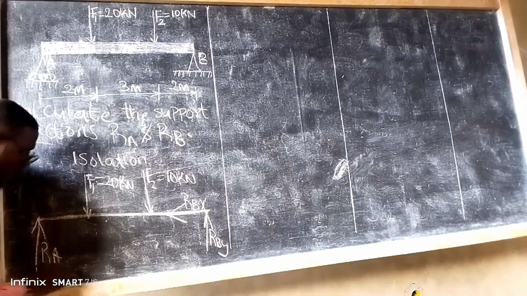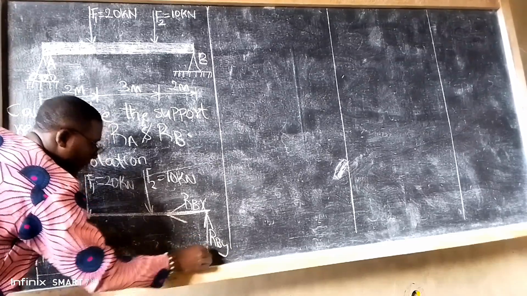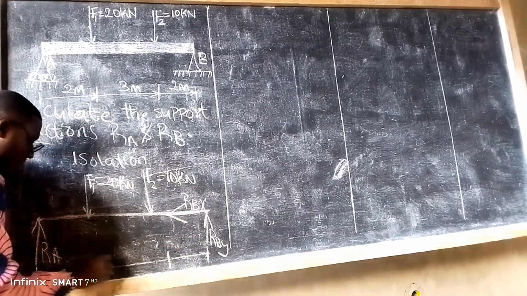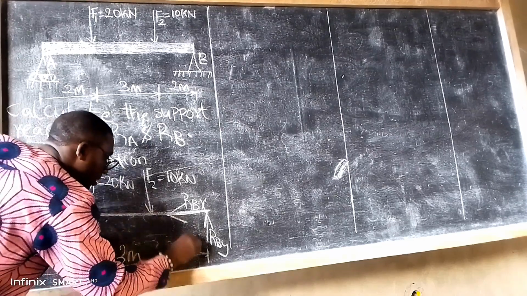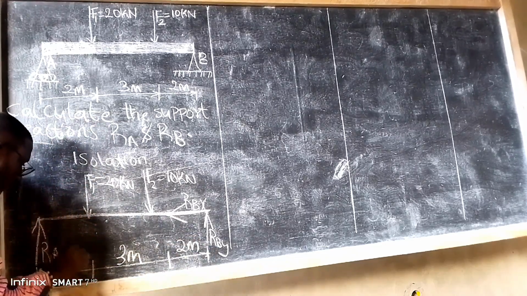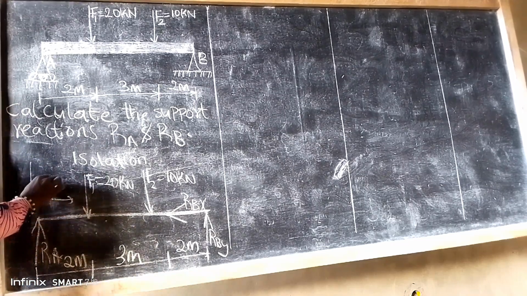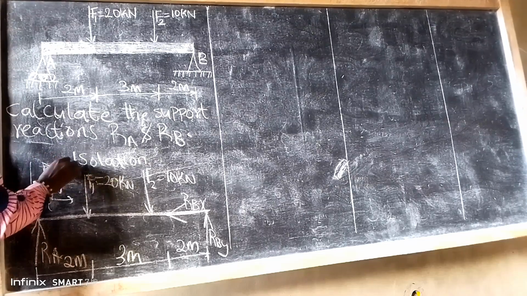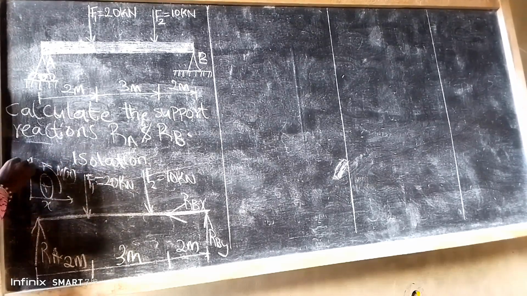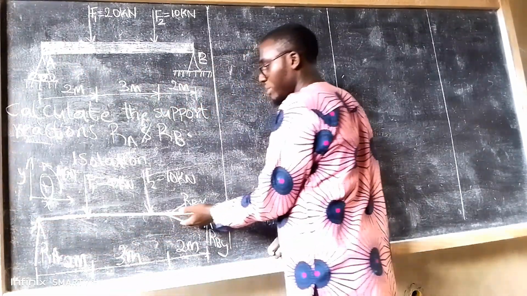Now we maintain our distances. Here was 3 meters, here is 2 meters, here is 2 meters. So we are going to choose our orientation. Here is the x, we have the positive orientation, we have our m of x, so we have our y. So this is the isolation of the beam.